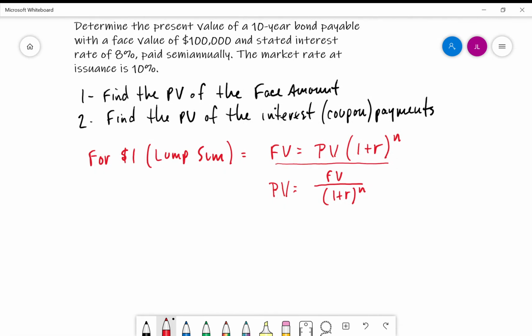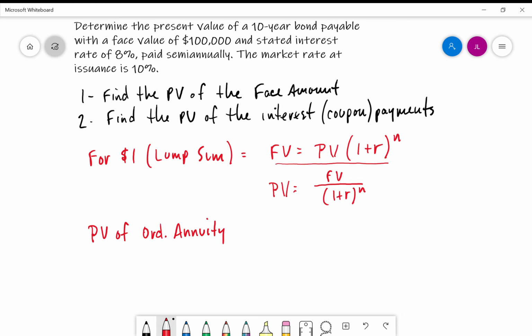The other thing we have to know is the present value of an ordinary annuity. An annuity is essentially where we have equal payments or equal disbursements over a period of time, and these disbursements are made periodically.